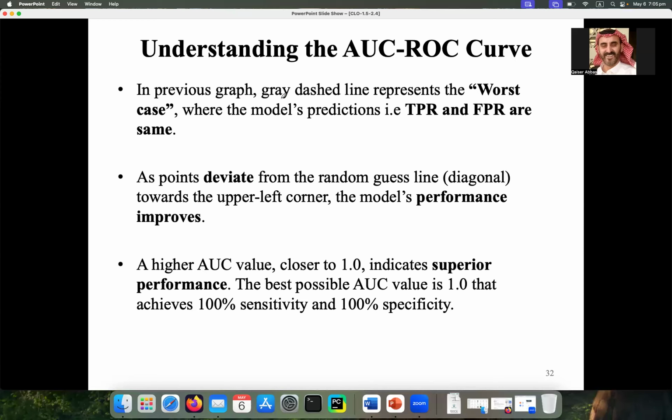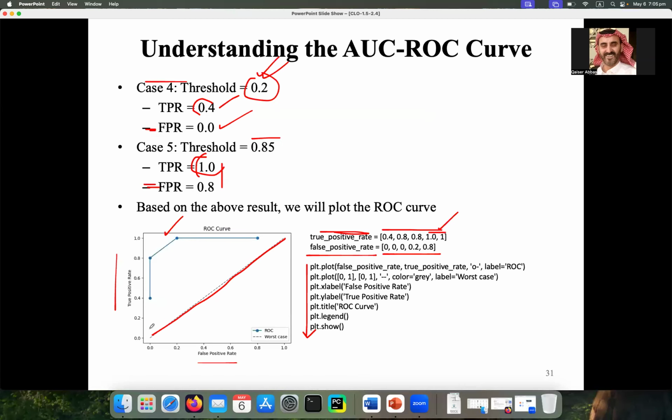This gray dashed line represents the worst case. Why worst case? Because TPR and FPR values would be the same there, random approach. And when the points deviate from here, when the points start being drawn from the top left corner and going like that, then this curve will show the improvement for your model. Here you don't have any improvement.